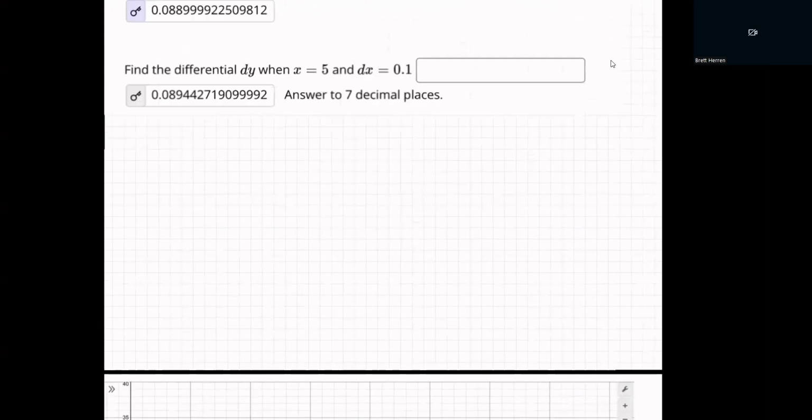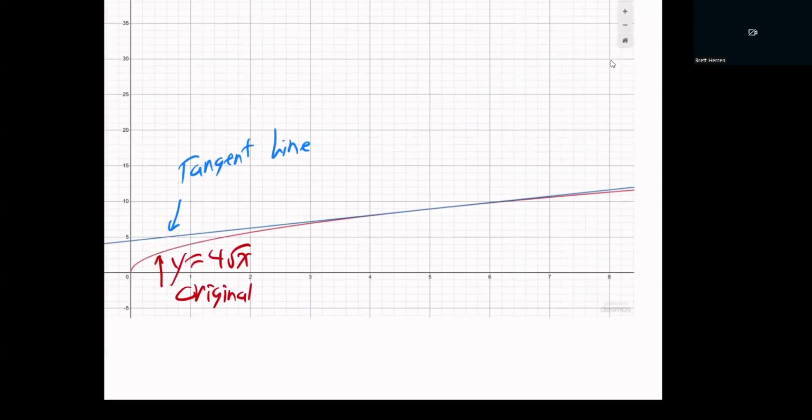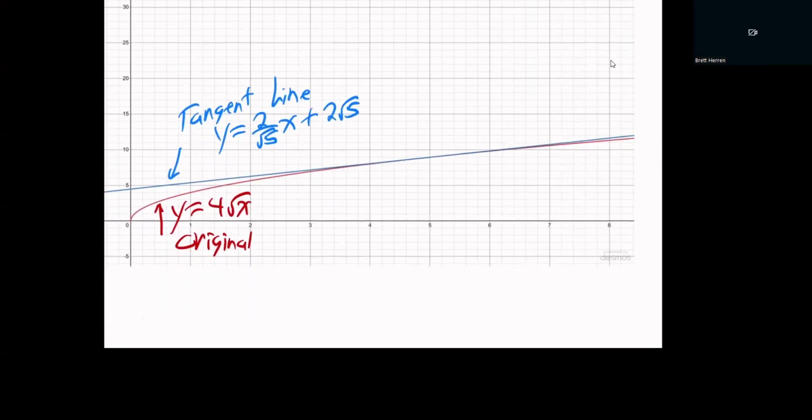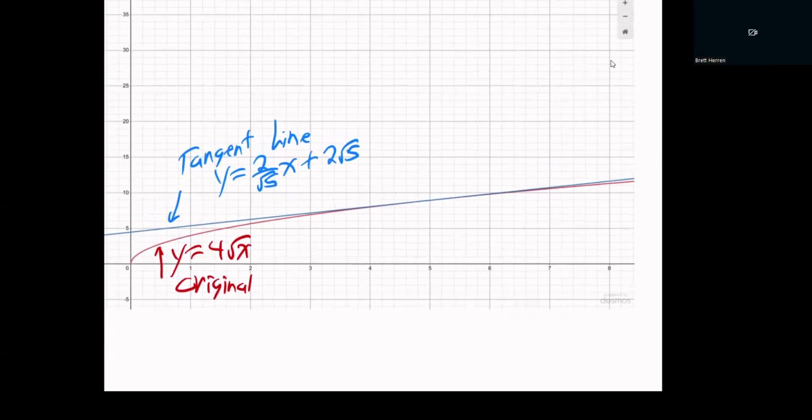The equation is y equals 2 over the square root of 5 times x plus 2 root 5. I'll show you how we find that in a minute. But the point is that they're very close.